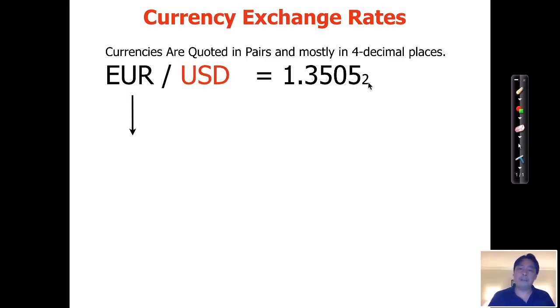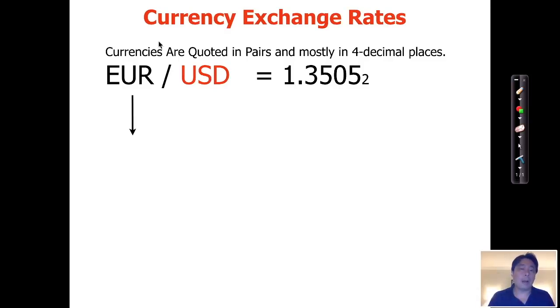The 5th decimal place is known as a fractional pip, and we do not care about that. It's too small to worry about. We're looking at the 4 decimal places, so the last decimal place represents a pip, and I'll talk about that in a short while.